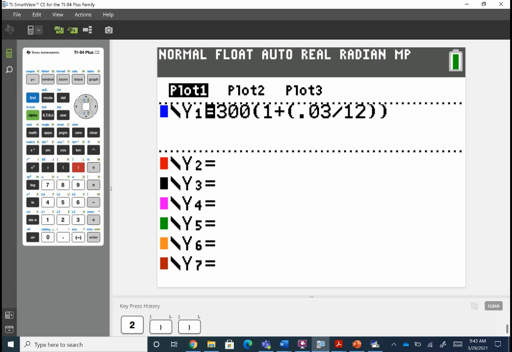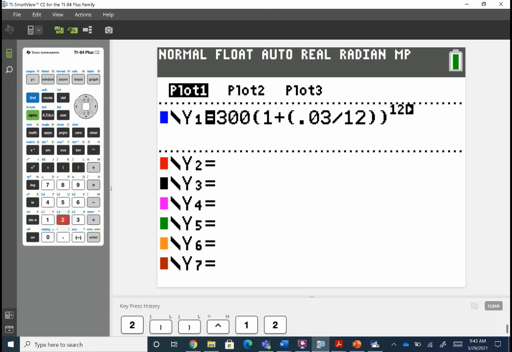Then for the exponent, we have the 12. And instead of t, remember with this calculator, we have to use the x that we've been using to graph. Now, you don't have to put a times in between there. Do not do that. Just put the 12 right next to the x, just like we see it on our sheet.